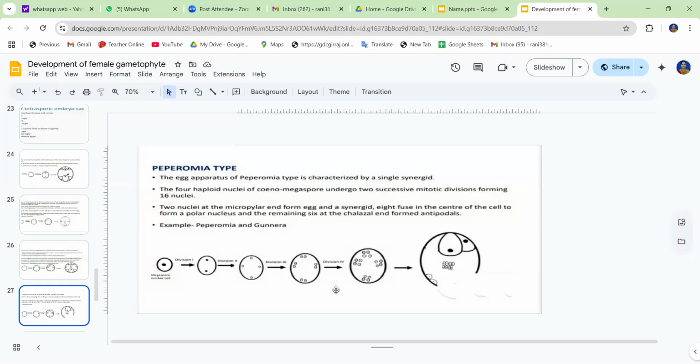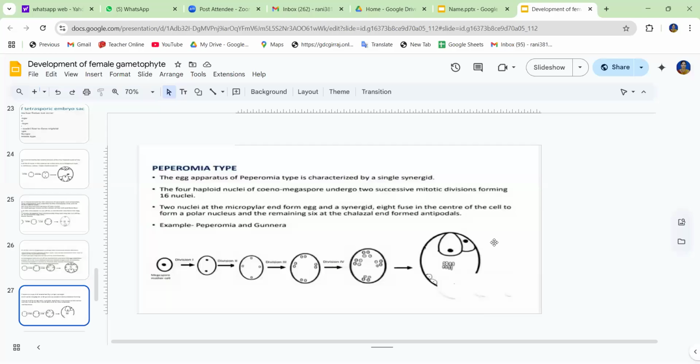It will undergo the other divisions, forming the 16 nuclei, which are uniformly distributed on all 4 sides. The 2 nuclei at the micropylar end form the egg apparatus, with a single synergid. The remaining 8 are fused and form the secondary nucleus, at the center portion, in the 8 nucleate stage.